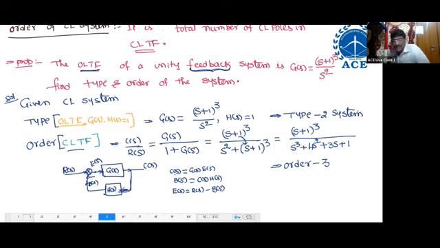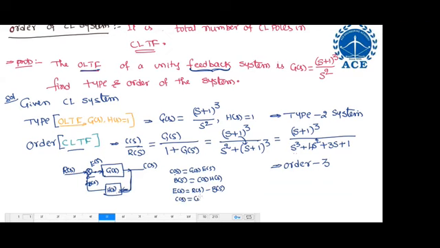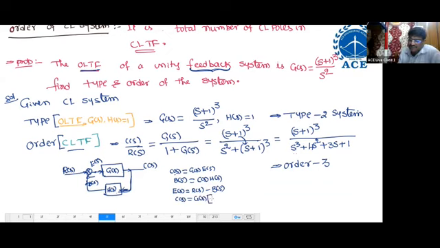C of S by R of S equals G of S by 1 plus G of S H of S. Substitute E of S in C of S. What will I get? G of S into E of S. What is E of S?